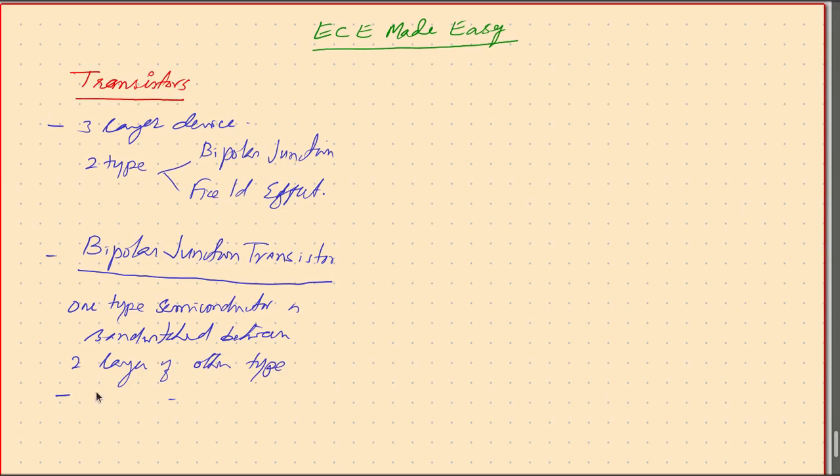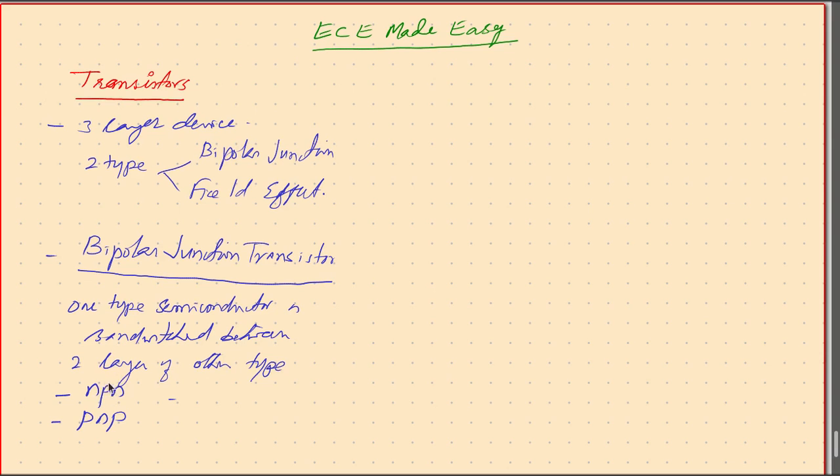So this way, a p-type of semiconductor may be sandwiched between two n-type, forming a NPN transistor, or a n-type of semiconductor may be sandwiched between two p-types and forming a PNP transistor. So that's what a bipolar junction transistor could be made up of.